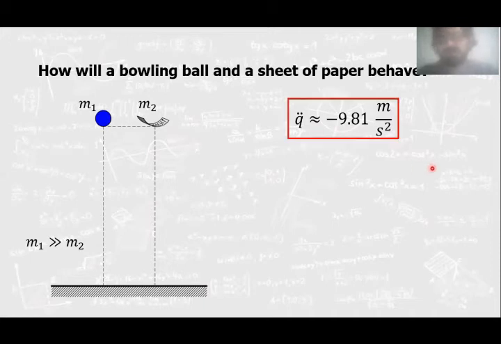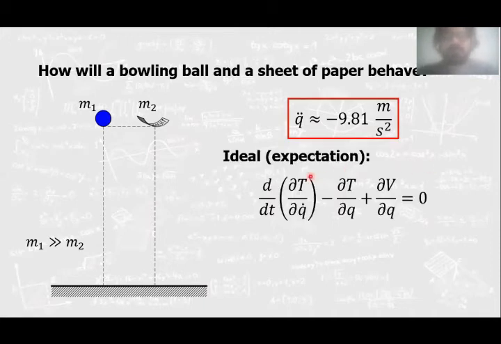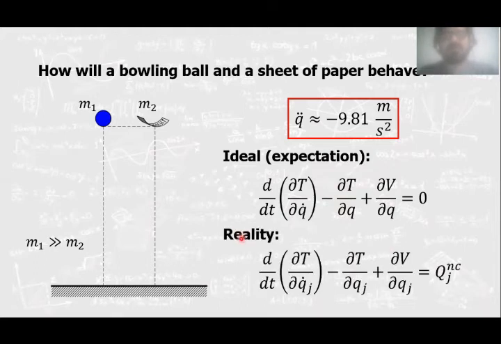But the ideal case, or the expectation, is the equation that we used in the last slides. In reality, we have non-conservative forces. So in this case, the bowling ball arrives first, and in the ideal case, both arrive at the same time.